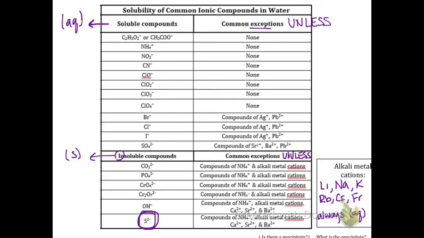It is under the insoluble compounds. This is how you would say it: sulfur is always insoluble, or you can say sulfur is always a solid, unless it's attached to any of these things that are next to it.